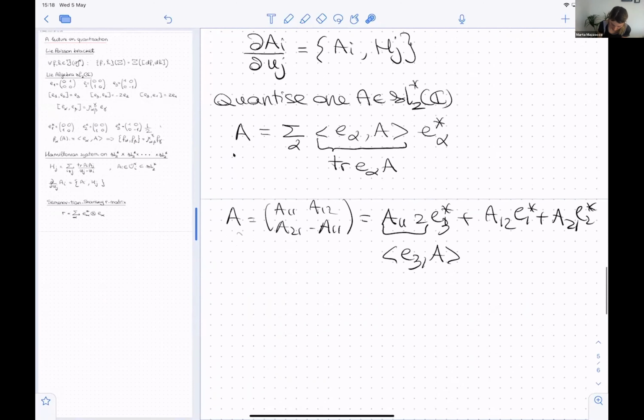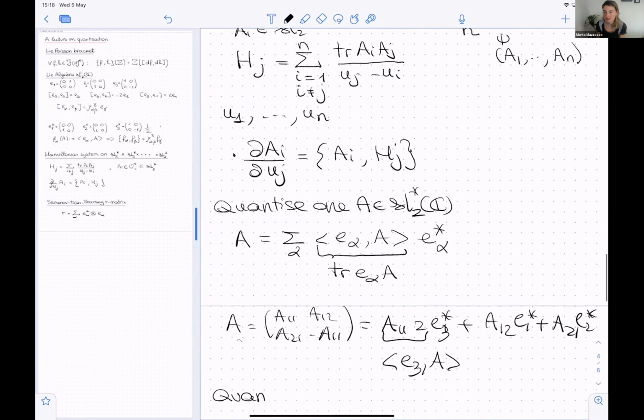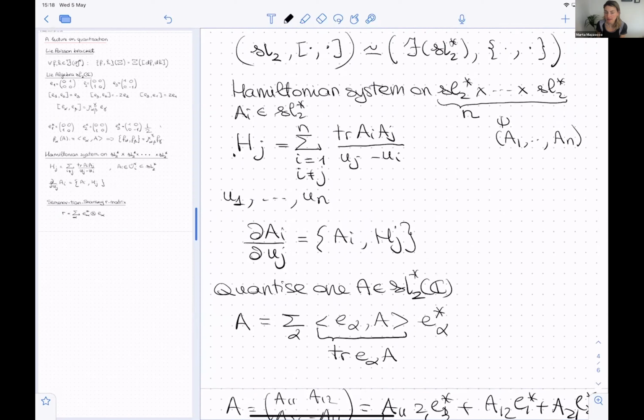That's all what I'm trying to say. So now I want to quantize. Could you say what are the parameters u_j? Excuse me? What are the parameters u? Oh, those are times, many times. So I'm considering a Hamiltonian system with many times, okay? You could also decide that we just consider one time, and then we have only one Hamiltonian, and I will quantize that one Hamiltonian. But in fact, it's more interesting when we have many times, because we will see that the quantization actually leads to an equation which is known in the literature and is called the Thermological Equation.